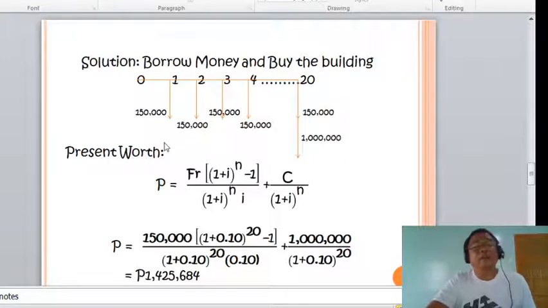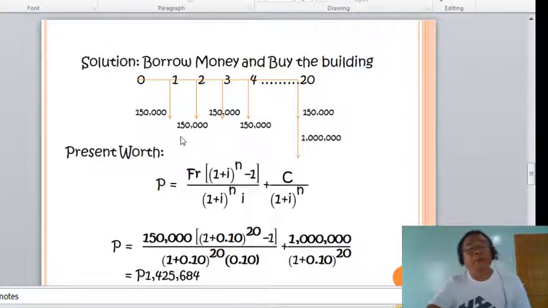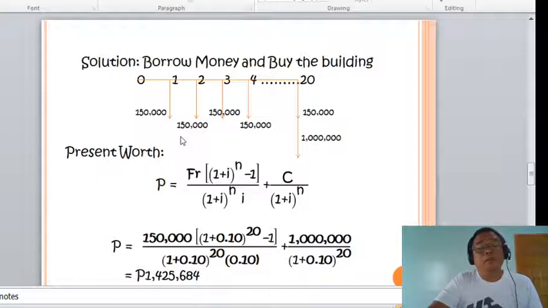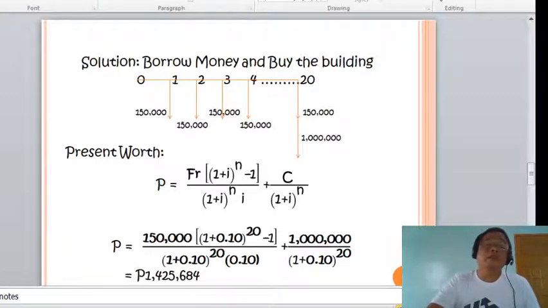So, getting now the present worth of this cash flow, that is FR times ((1 plus i) raised to n minus 1) over (i times (1 plus i) raised to n), plus C over (1 plus i) raised to n. Substituting values, the value is 1,425,684.